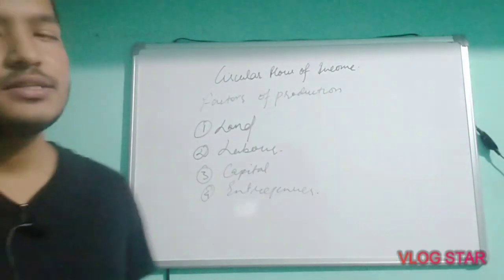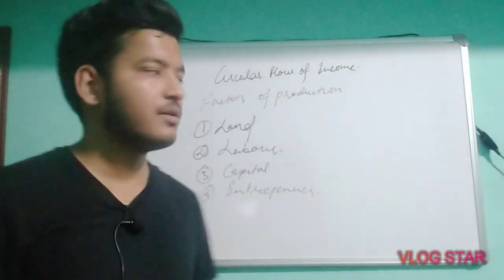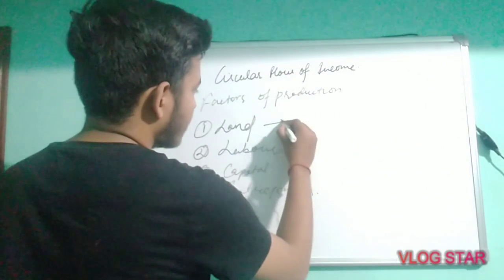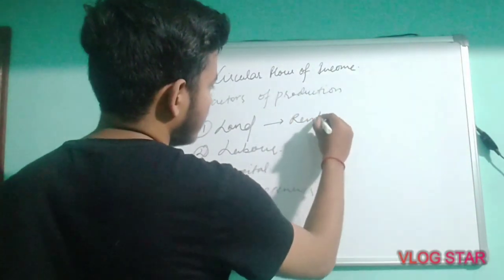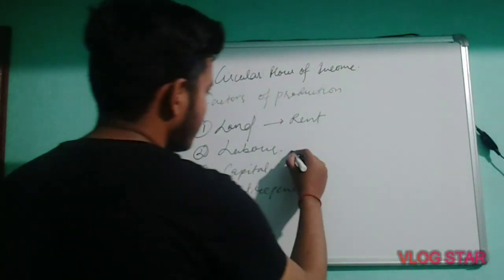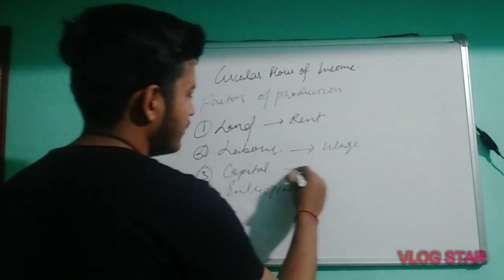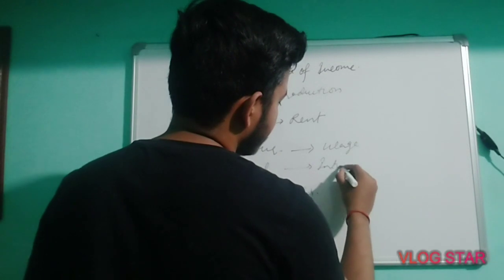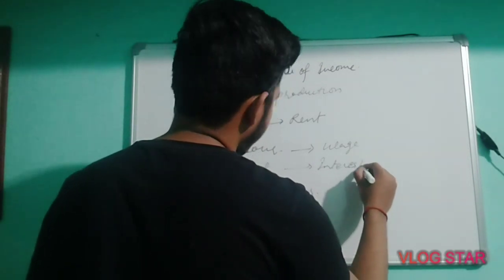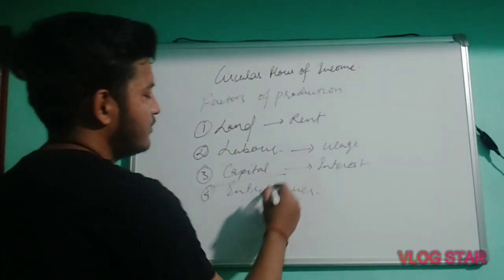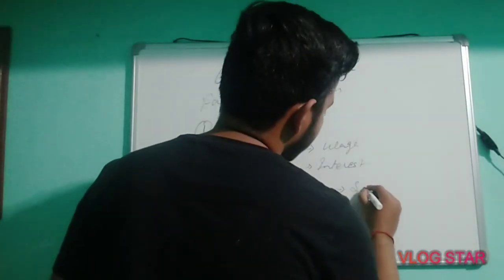And in return for this, the producer gives rent for the land, wage to the labor, interest for the capital, and salary to the entrepreneur.